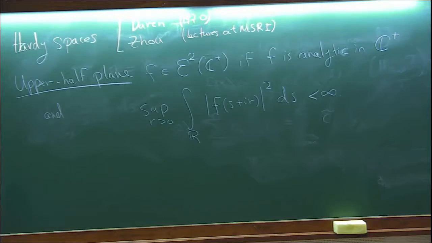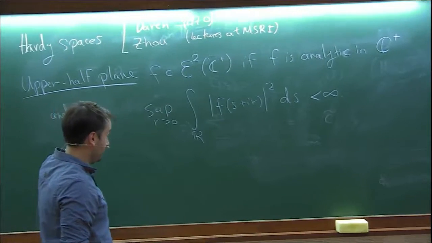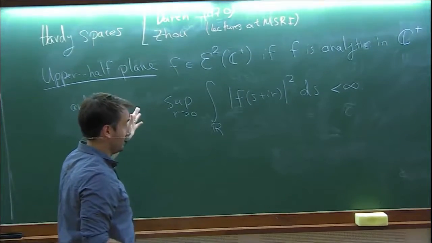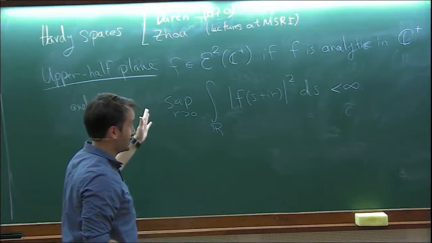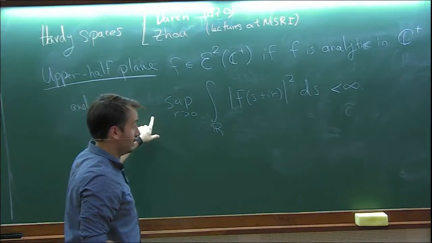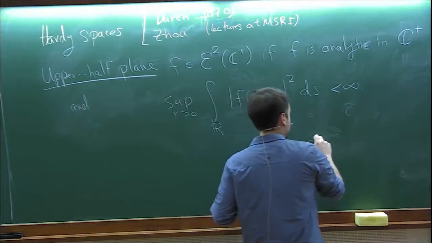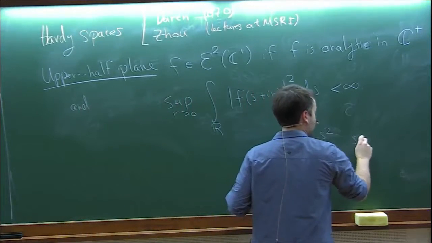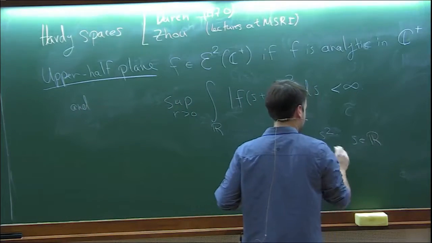So a good example, or a counterexample, I really should say, an example of a function that you might think is nice but is not in here is, say, e to the minus z squared.